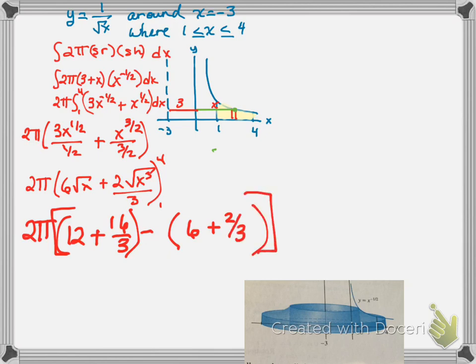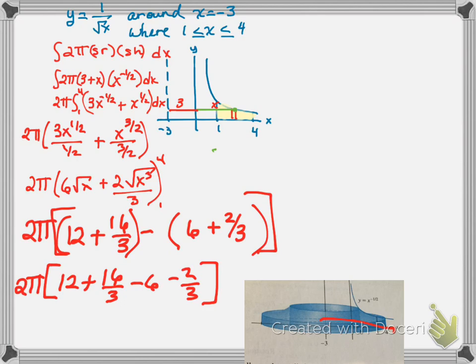Alright, so if I simplify that, I'm going to have 2 pi times 12 plus 16 thirds minus 6 minus 2 thirds. So 12 minus 6 is 6. 16 minus 2 is 14, so I end up with 14 thirds. Common denominator would be with a 3.